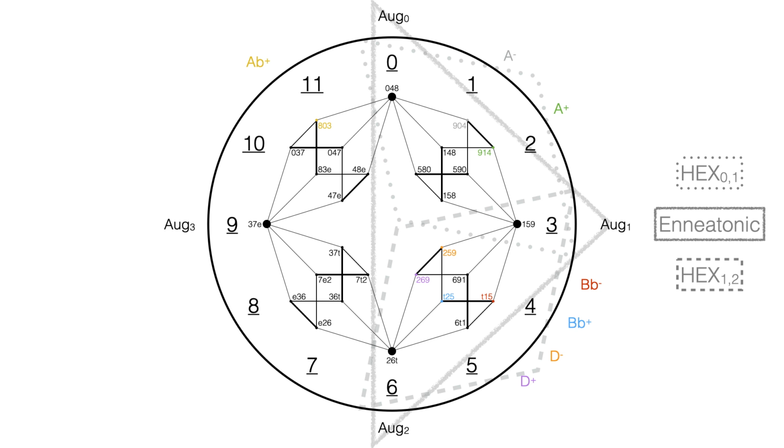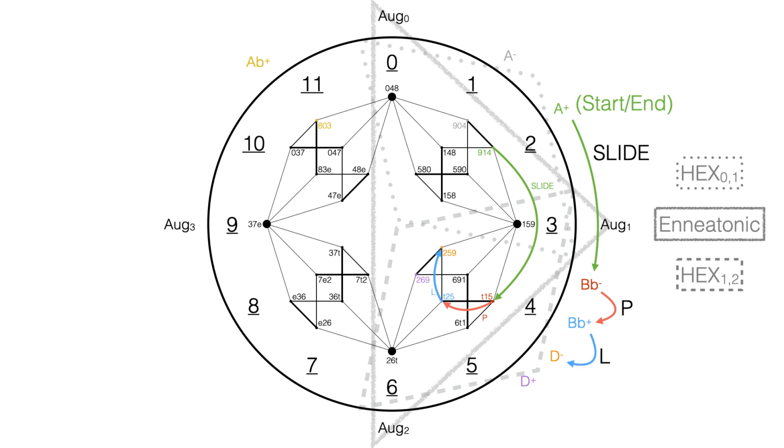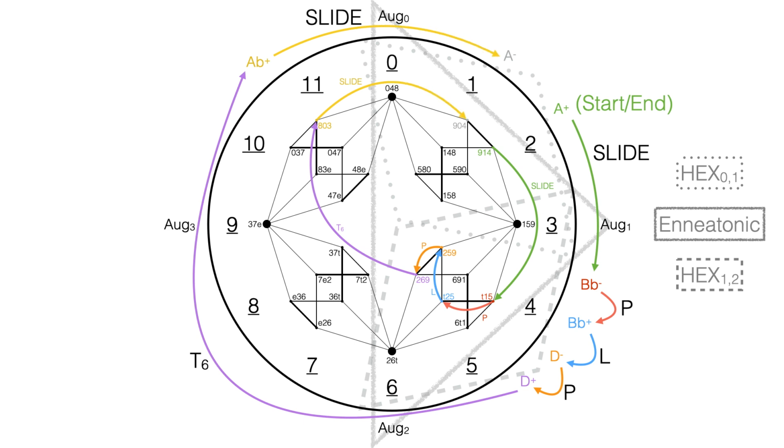Within that larger harmonic environment, the triads progress from a starting point on A major, via slide, to a different hexatonic collection. Within that hexatonic via P and L, via T6 to yet another hexatonic collection, lying outside the prevailing enneatonic, and then back to A minor via slide, and A major via P.